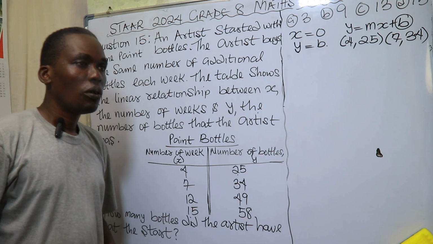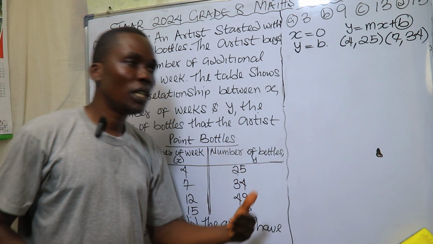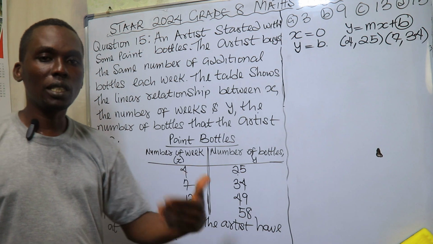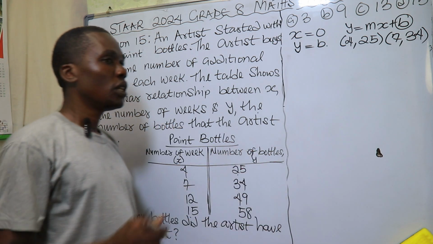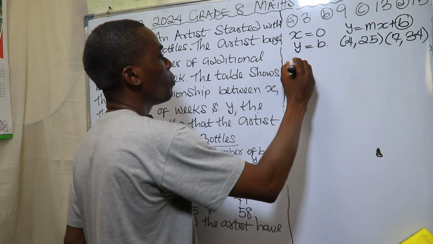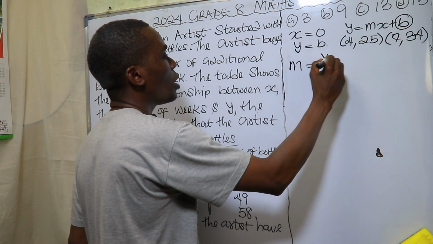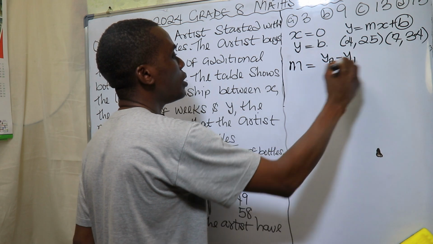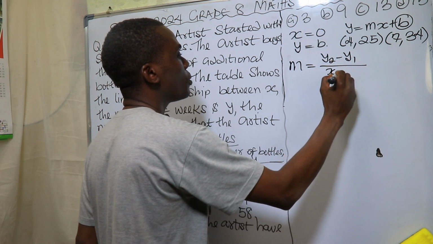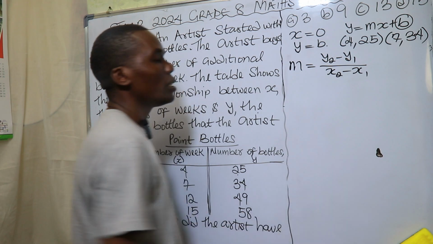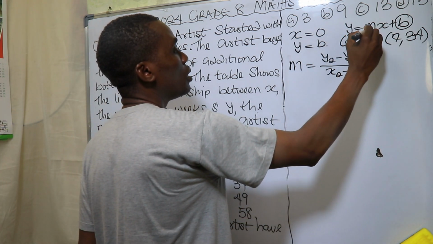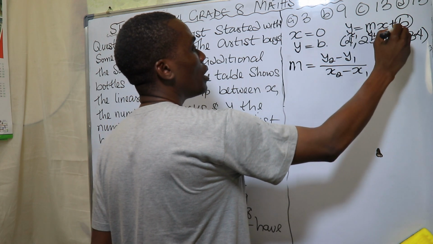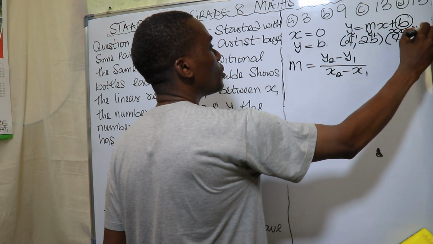Let us first find the rate of change, that is the slope, between the number of weeks and the bottles. The slope m is going to give us y2 minus y1 divided by x2 minus x1. Here x1 is 4, y1 is 25, x2 is 7, and y2 is 34.